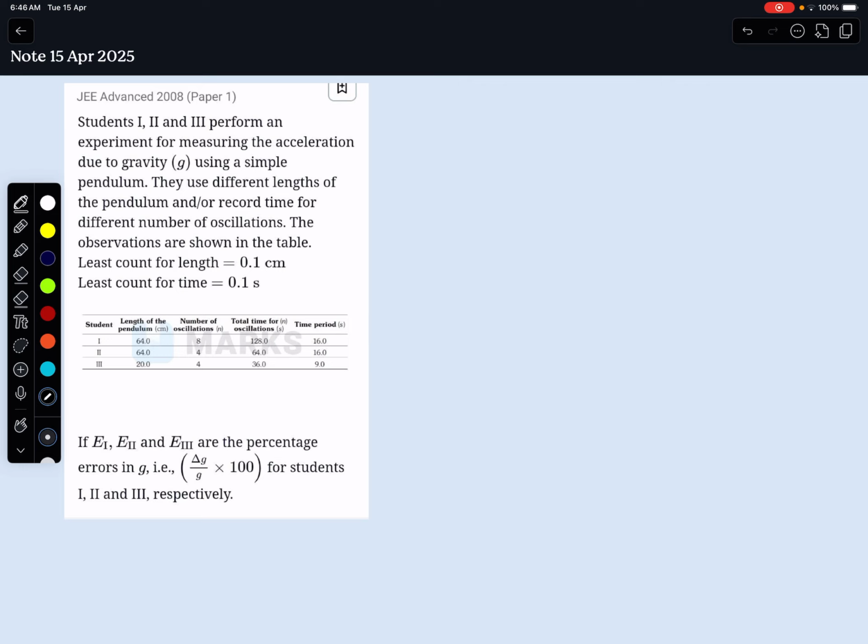Least count for length is given, least count of time is given. That means least count of length is 0.1 centimeter, that is, it is measured with a vernier caliper.